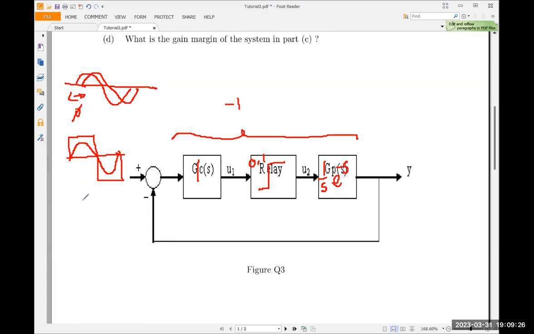So phi is equal to 0. If you just think of the relay as a sine wave, then you got two sine waves with exactly no shift. So if from here to here is 0, from here to here is also 0. It's 1. If you have a sine wave here, you have the same sine wave here. So it's also 0. Which means this is equal to 1 minus pi. The phase of this must be equal to minus pi.